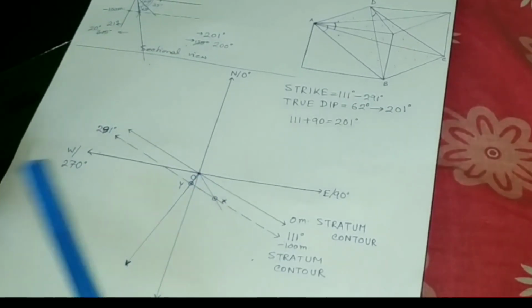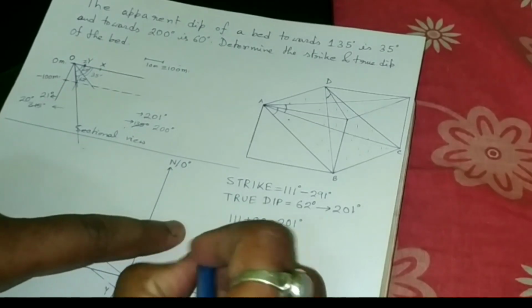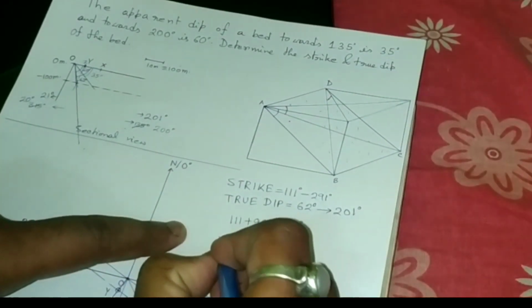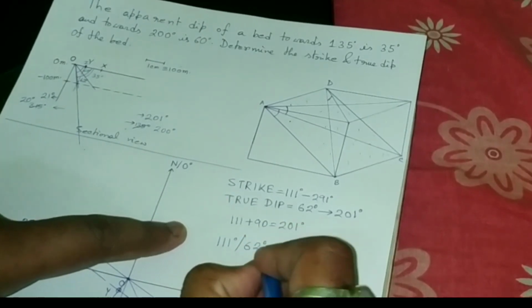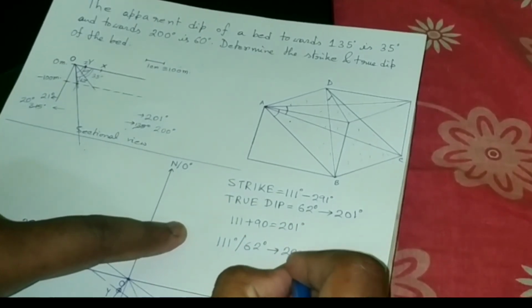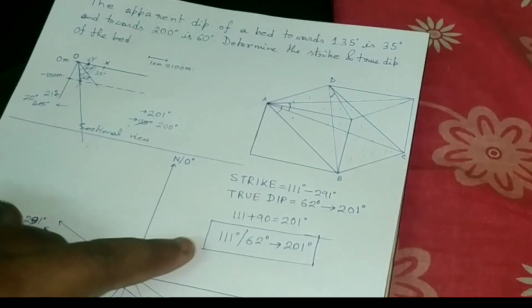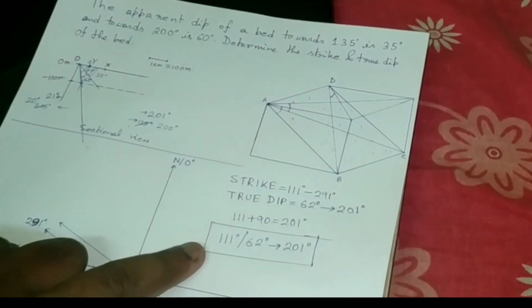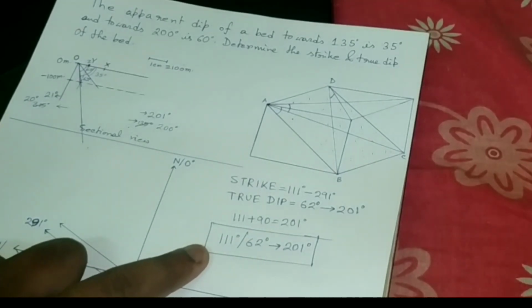So this is why we can now write the attitude of the bed as 111 degree, 62 degree towards 201 degree. This is the true dip of this bed and the answer.